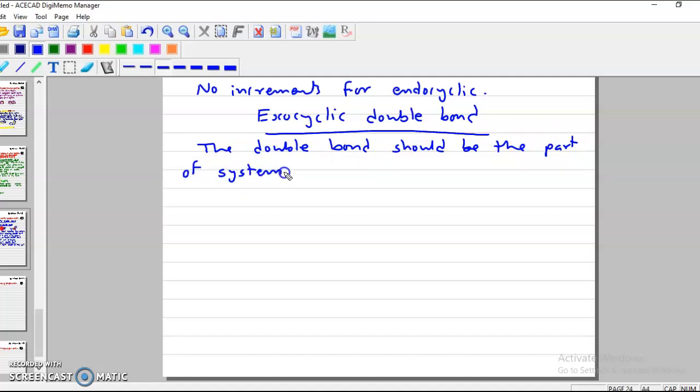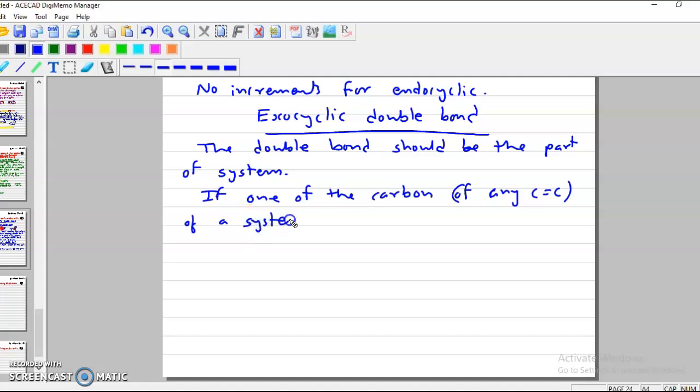Second thing, if one of the carbons of any of this C double bond C of a system is out of the ring, then it is known as exocyclic double bond.